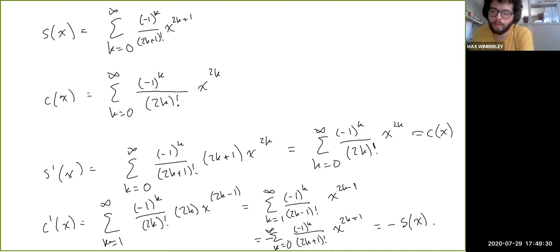And to be honest, I actually think that multiplying infinite power series together is a good computation to practice doing. So what I want to do is show you how you can do this.